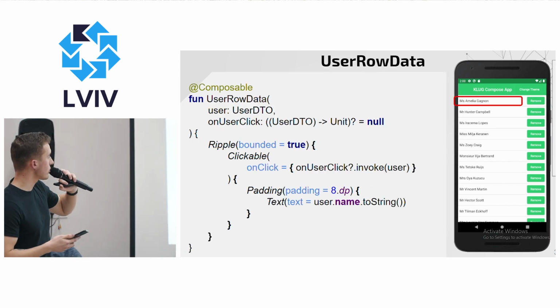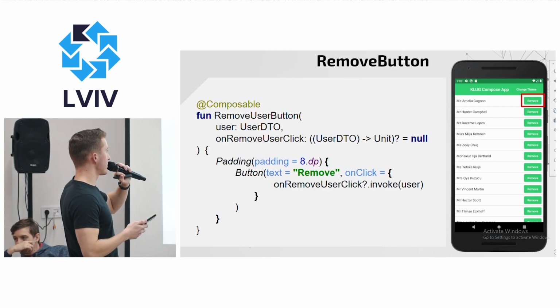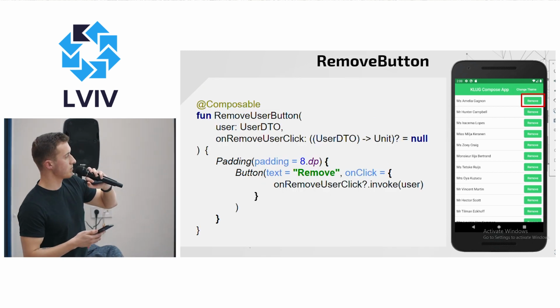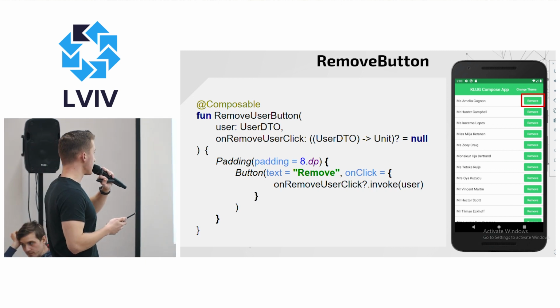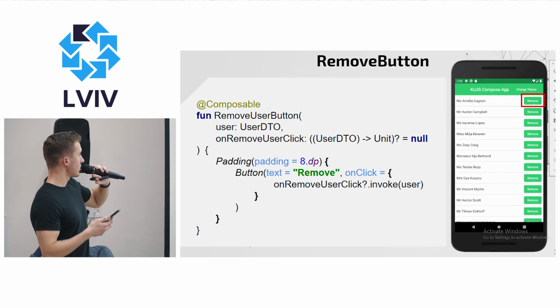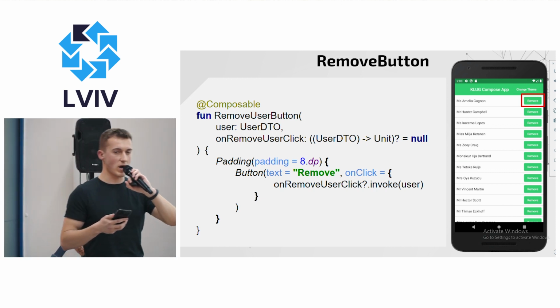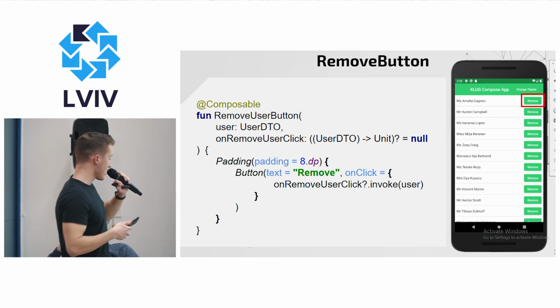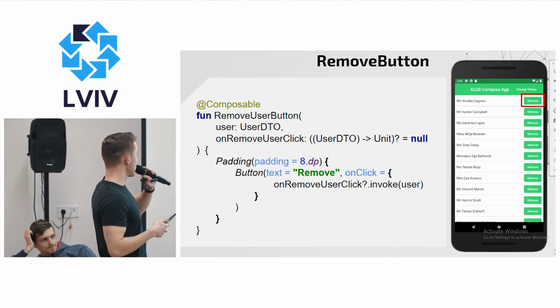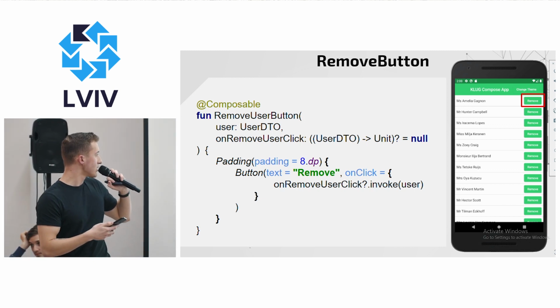Here you can see the function that draws our button, and it's just a bunch of functions that you call one inside another. So here we can see this padding.